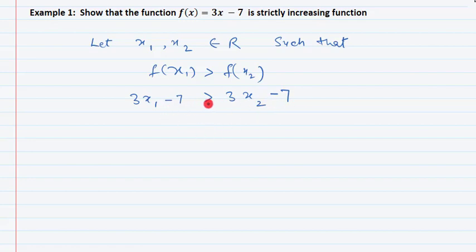We know very well in inequalities we can add the same number on both sides, then there will be no change in the inequality sign. So we can write it as 3x1 greater than 3x2. Similarly, in the next step, if we divide both sides by 3, then again no change in the inequality sign. So we are getting x1 greater than x2. We are observing that f(x1) greater than f(x2) implies the result x1 greater than x2, which implies that the function is strictly increasing function.